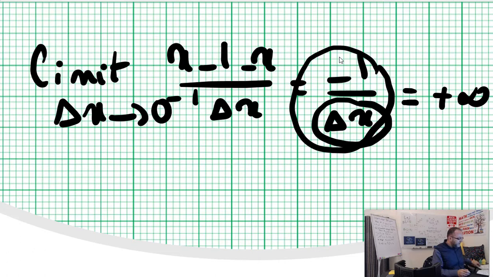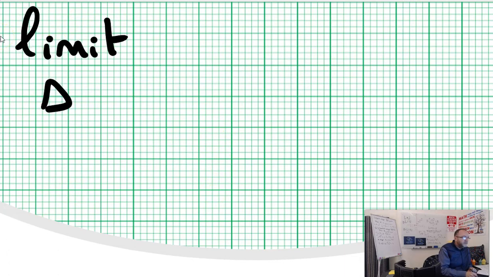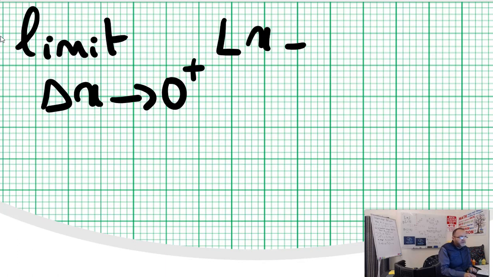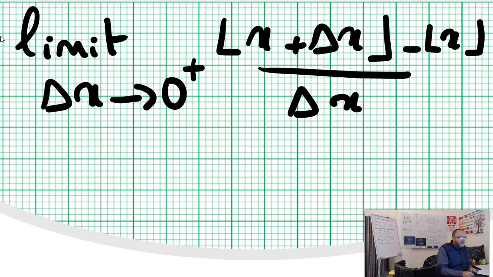Now, let's study it from the right. Limit as delta x approaches 0 from the right of floor of (x plus delta x) minus floor of x, over delta x. What do I get here? I get just x.